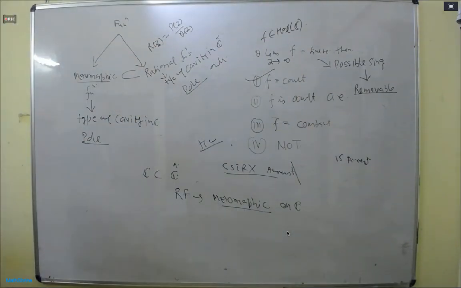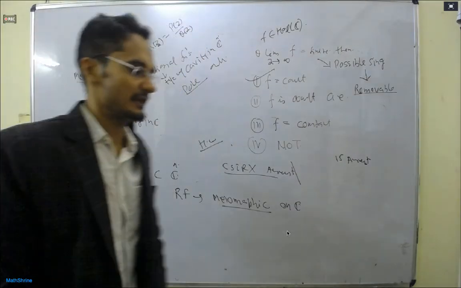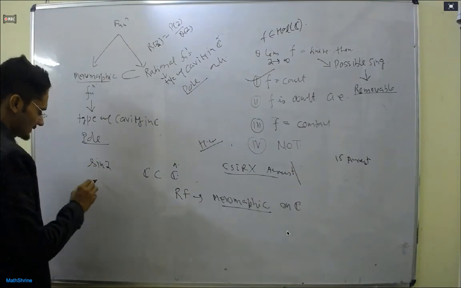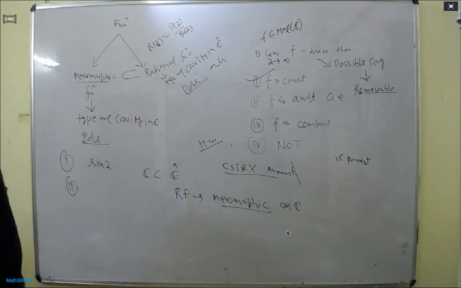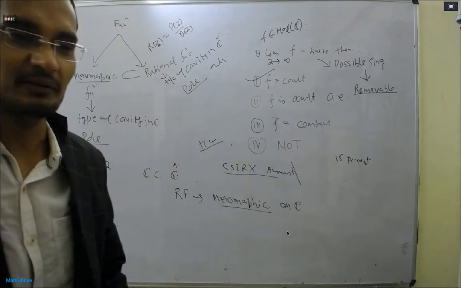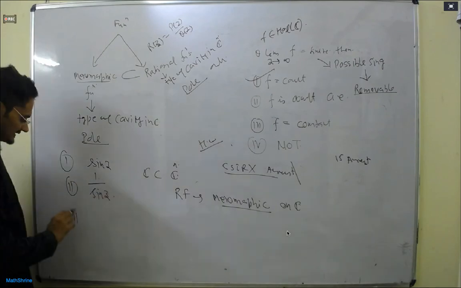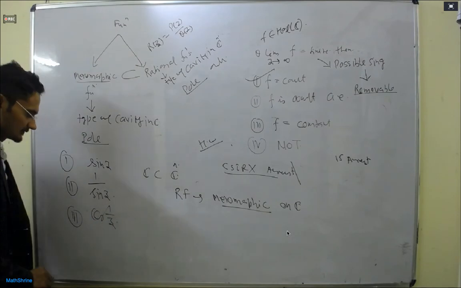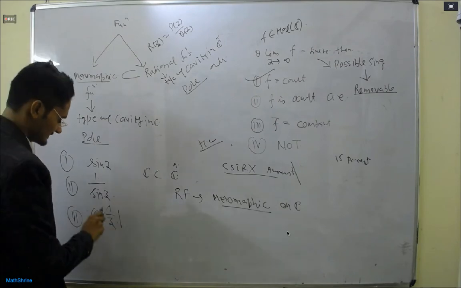So these are the types of meromorphic functions. For example, I can write sin z is a meromorphic function, right? You can ask why sin z is a meromorphic function. I am writing examples of meromorphic functions. The third one, cos 1 over z, is not a meromorphic function. Why? z equal to 0 is an essential singularity.